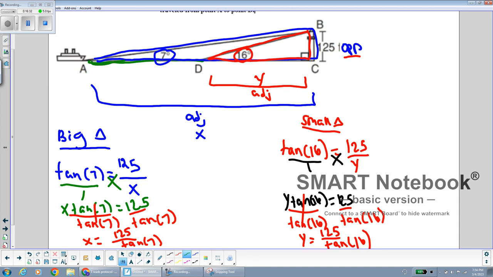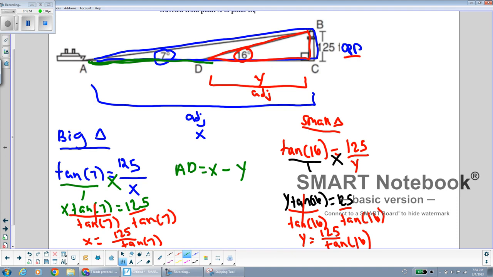Now, to get the side AD that I'm actually looking for, I'm going to do x, which is the side of the bigger triangle, that was AC, minus y, which was the side of the smaller triangle, DC. And that will leave us with AD, which is what we're looking for, from point A to point D, that distance.